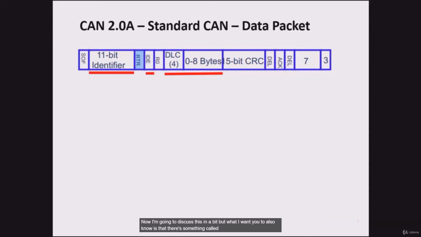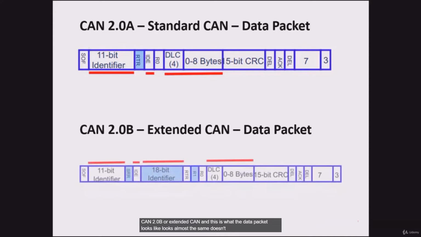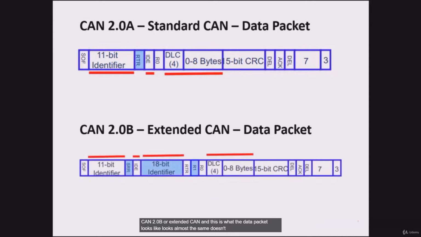Now, I'm going to discuss this in a bit, but what I want you to also know is that there's something called CAN 2.0b or extended CAN. And this is what the data packet looks like. Looks almost the same, doesn't it? Well, the major difference, there are several differences, but the major one to know is this part here.